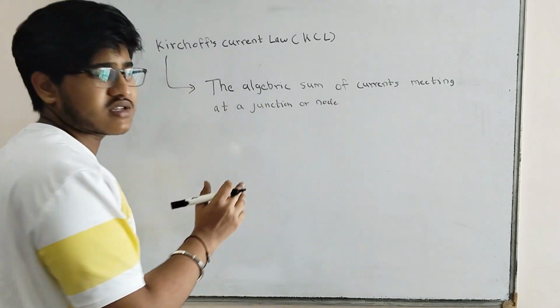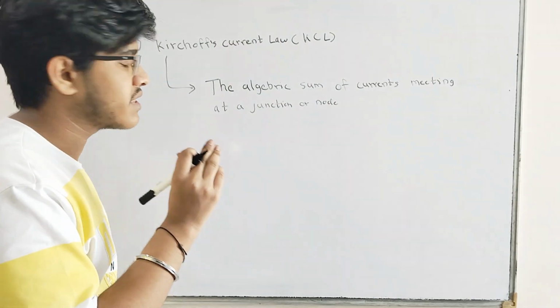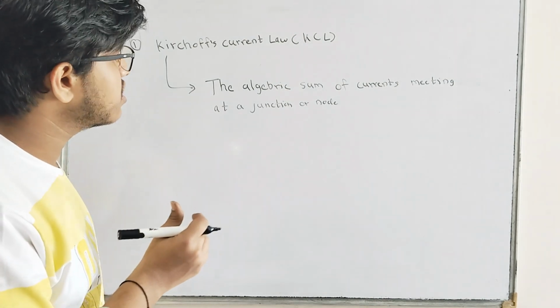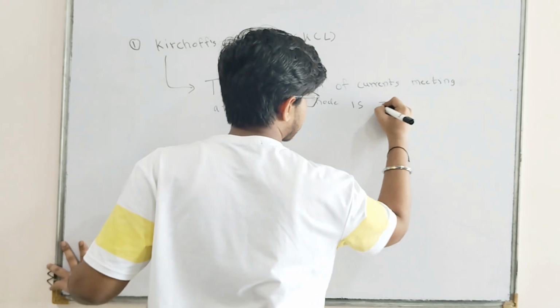As we discussed previously, junction and node are almost the same, but still they have a minor difference of equipotential surface.